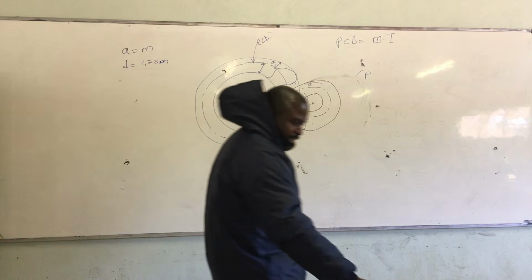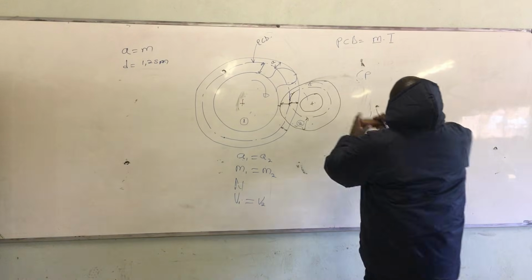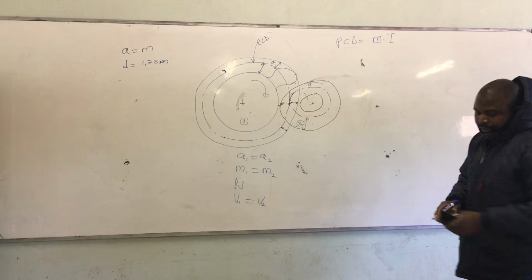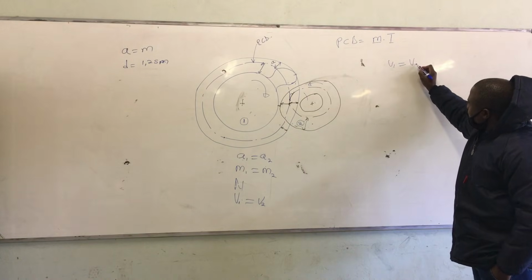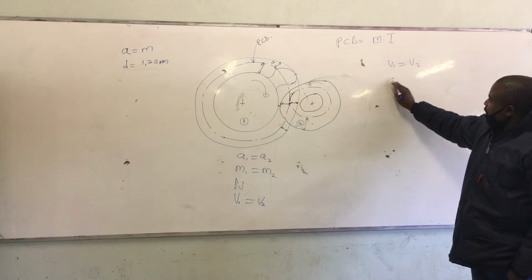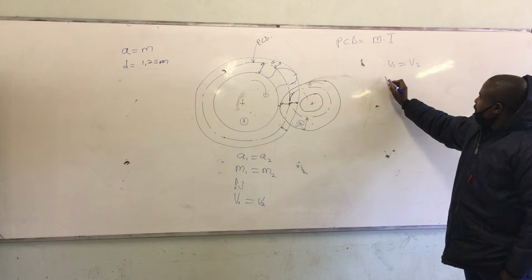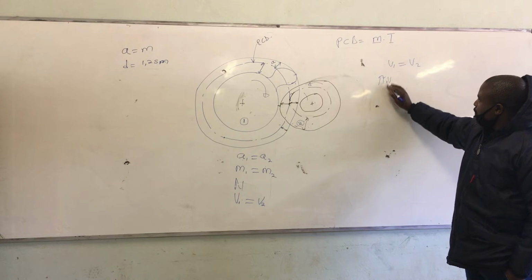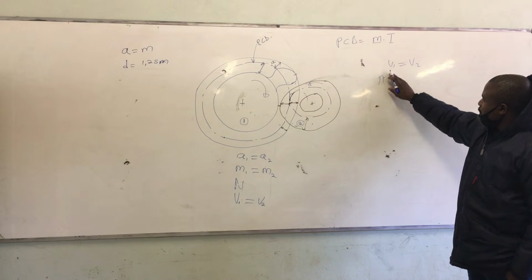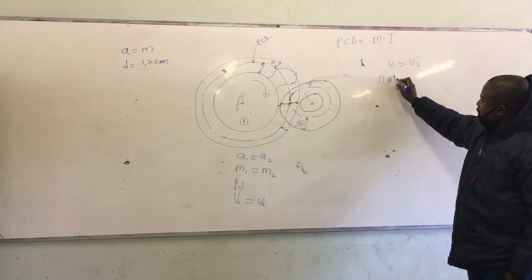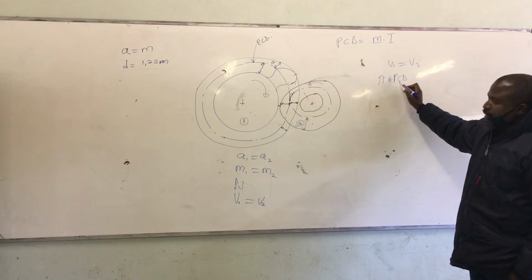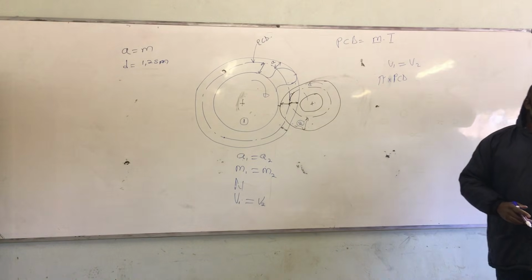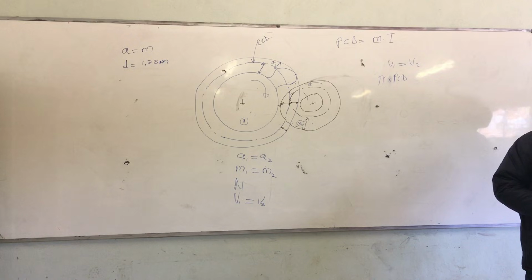So okay, now let us check if we can find the ratios. We said V1 is equal to V2. The formula for velocity is V equals pi times PCD times n.